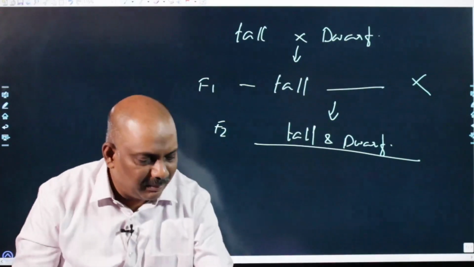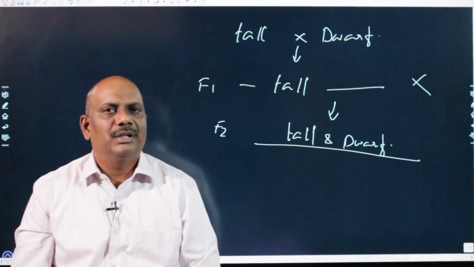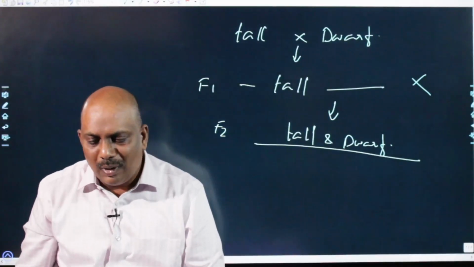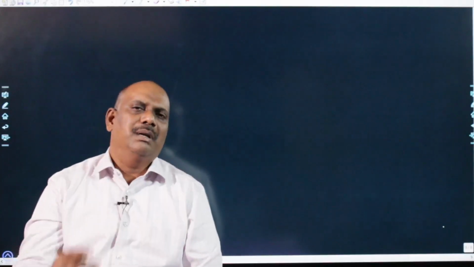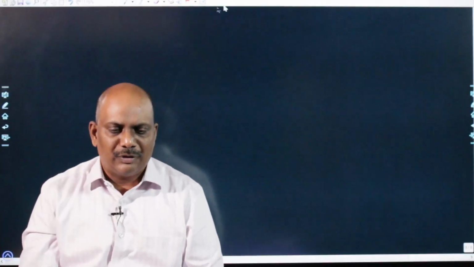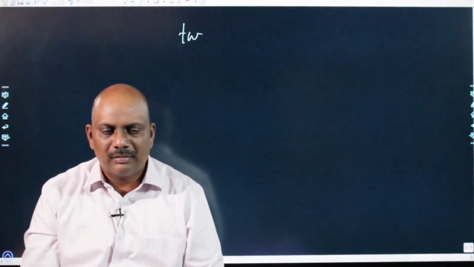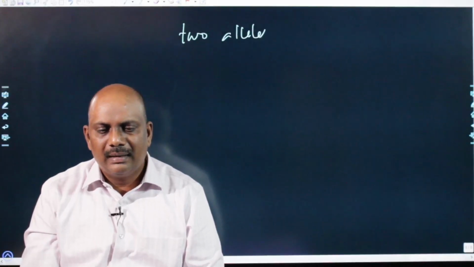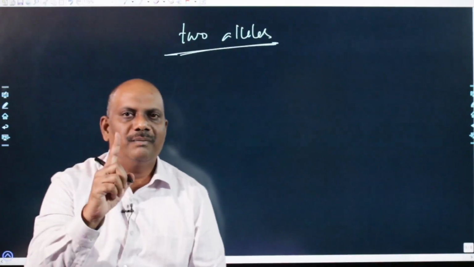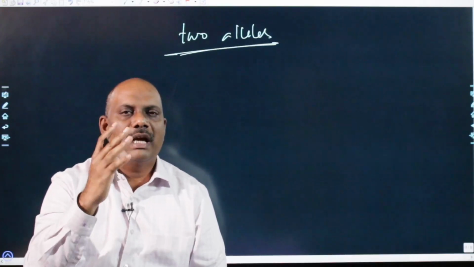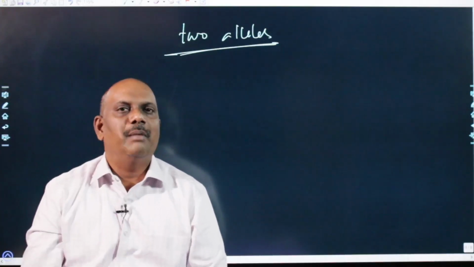This made him come to one conclusion, that there should be two alleles. He made a number of mathematical calculations to find that there should be two alleles responsible for one gene, and these alleles should be capable of segregating during gamete formation.